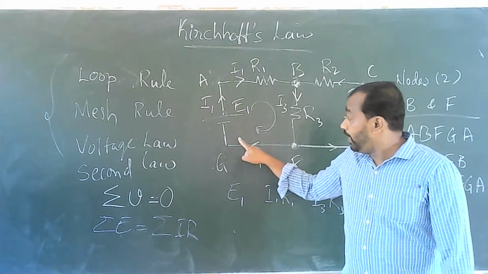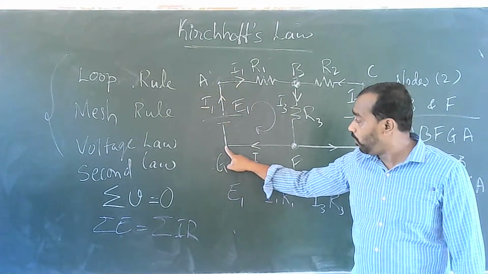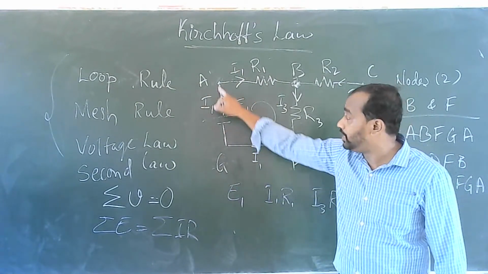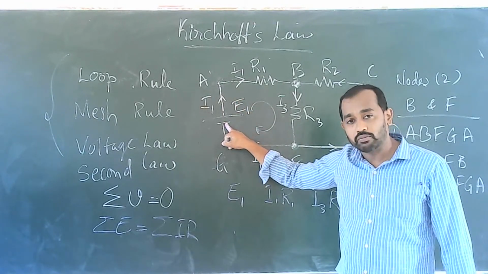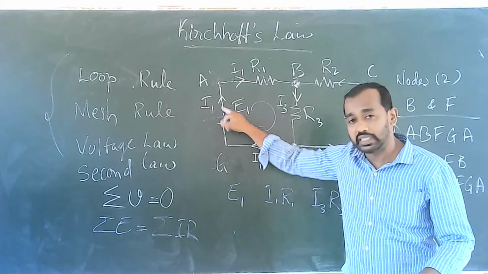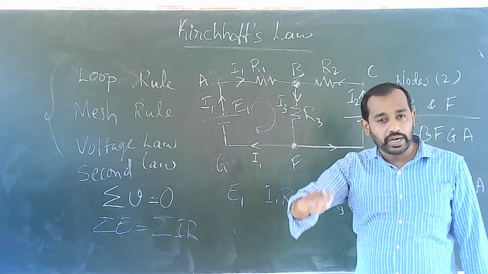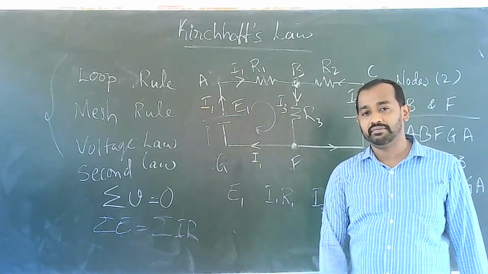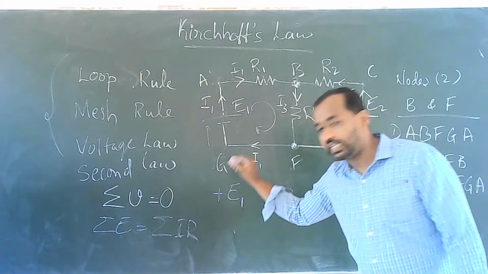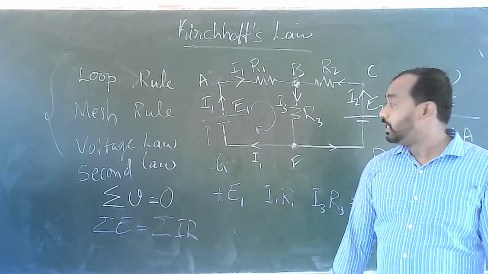So when we are traversing the circuit across the cell, we are moving from G to A. That means we are moving from the negative terminal, which represents the lower potential, to the positive terminal, which represents the higher potential. We are moving from lower energy to higher energy. That means energy is increasing. It should be treated as positive. If energy increases, it will be treated as positive.